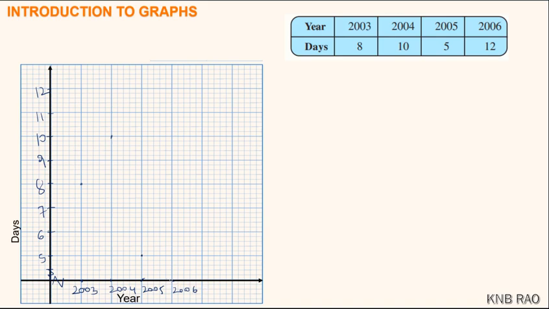Then in the year 2006 snowfall is for 12 days. So now if I join with the free hand, you can draw with a scale also, using scale here.